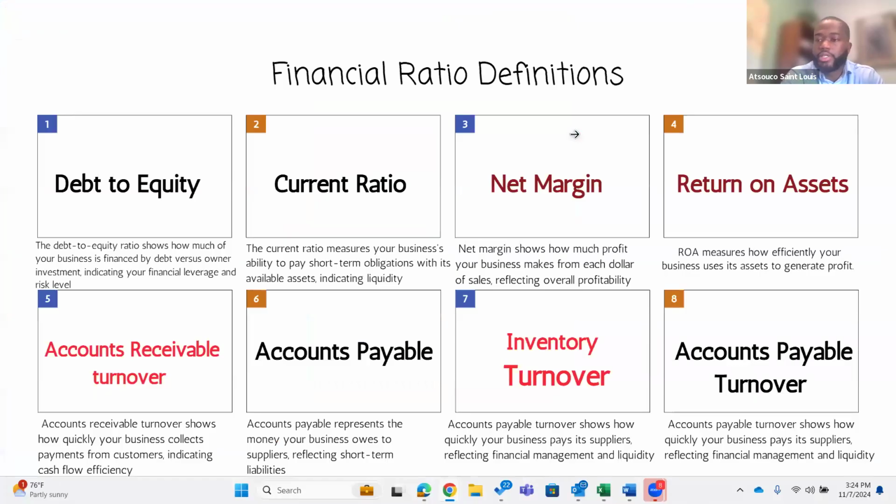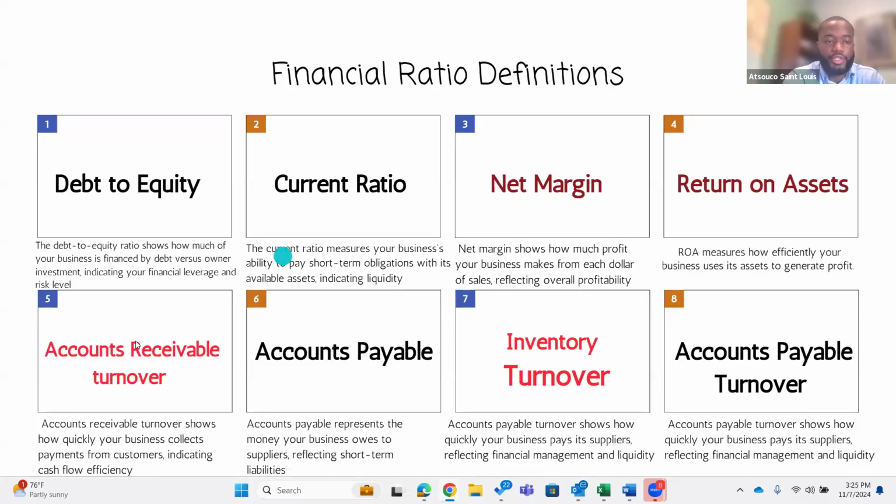Depending on your business model, a lot of these may not apply to you, but for the purpose of this conversation that we're having, if Damien is trying to understand if now is the right time to expand, he needs to understand, hey, what is my net margin, right? So number 3 here, his net margin is going to show him how much profit his business is making from each dollar of sales, right? That just reflects his overall profitability.